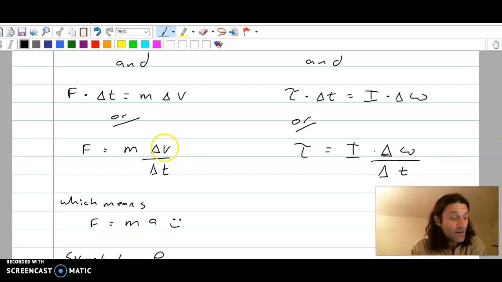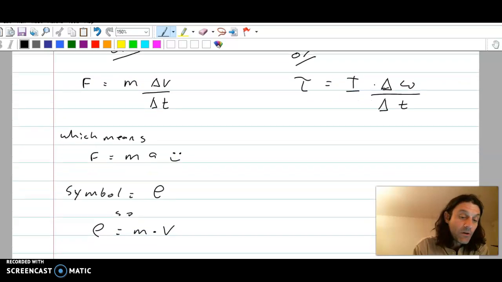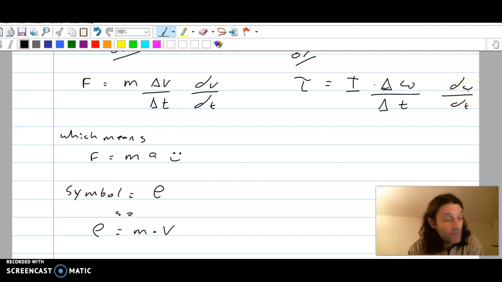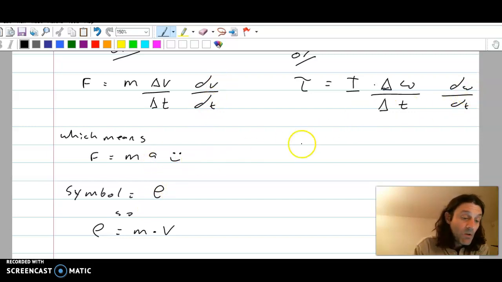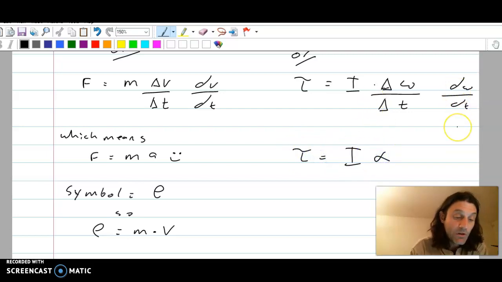And exactly the same way that a delta v over a delta t can turn into calculus, a differential velocity over a differential time, this could be the same thing as a differential omega over a differential time. But you guys all know the derivative of velocity with respect to time is an acceleration. That means that a torque is equal to an I alpha, which is something we've already talked about.